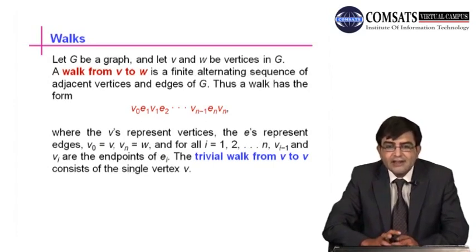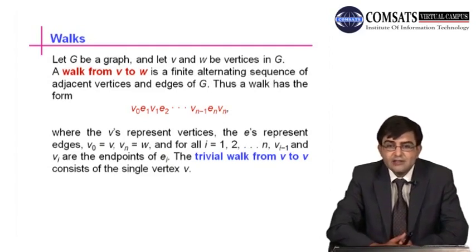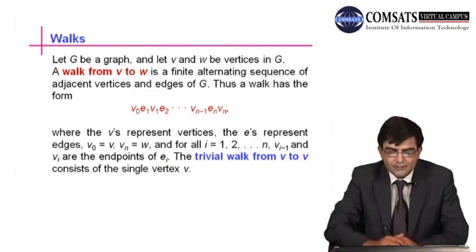Let G be a graph and let V and W be any two vertices in the graph G. A walk from V to W, that is, we have to go from vertex V to the vertex W, and V and W are any two vertices in that graph.